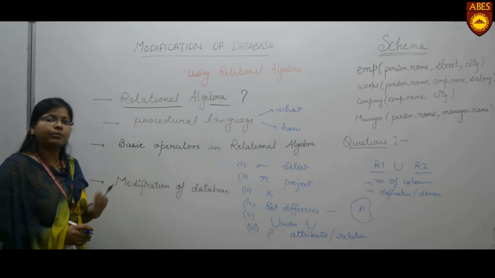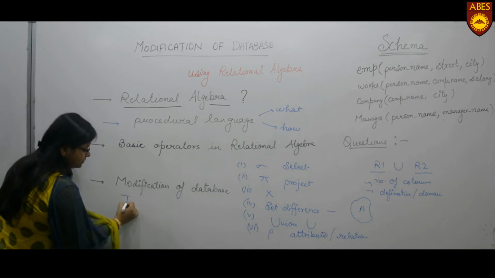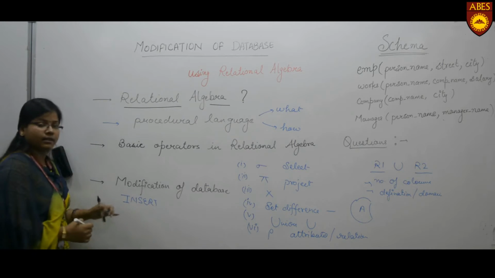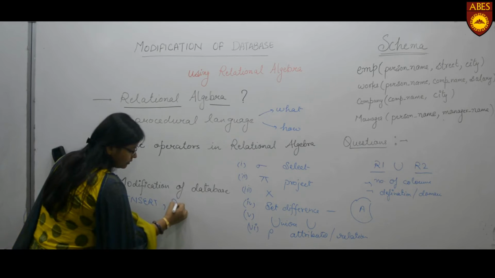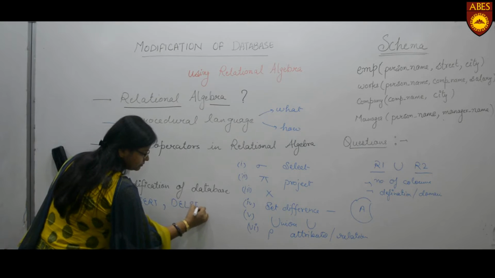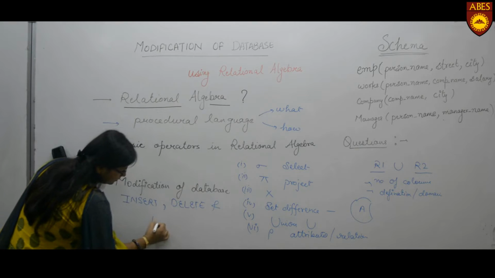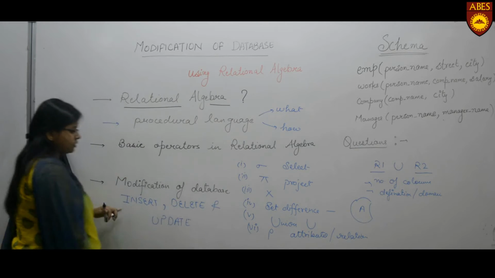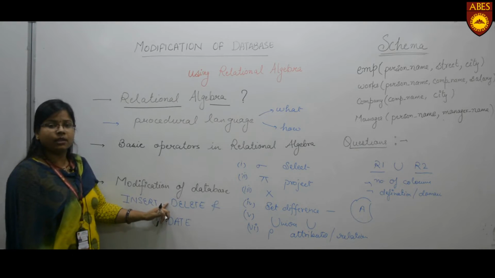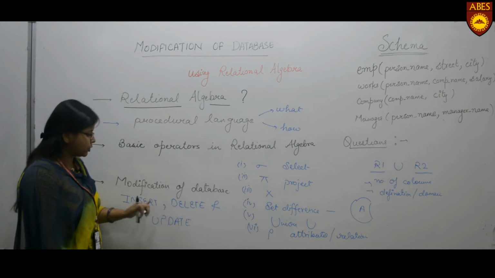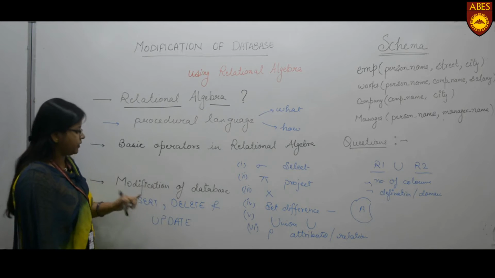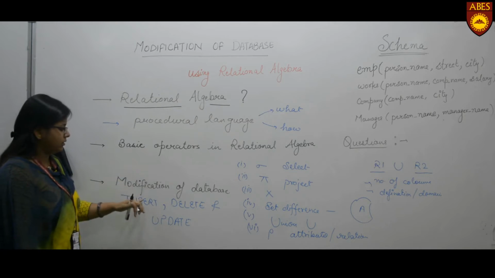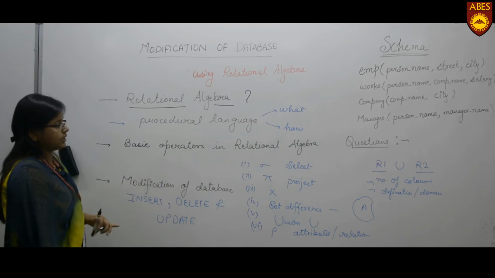The content of the database can be modified using the insert command, delete command and update command. So there are basically 3 commands through which you can modify a database. We'll see how we will write relational algebra queries using these 3 instructions.